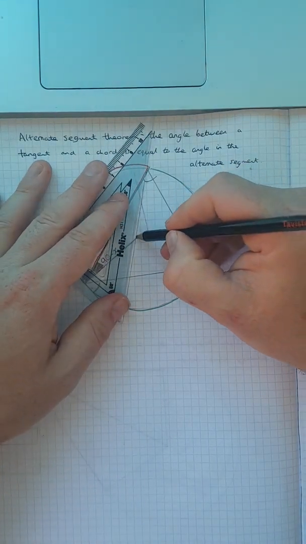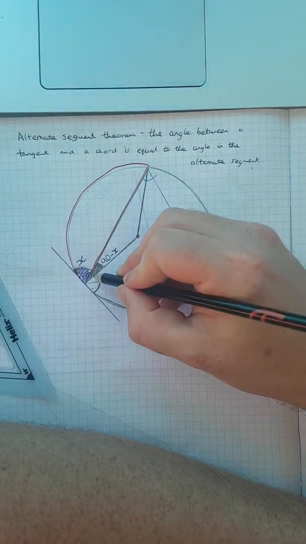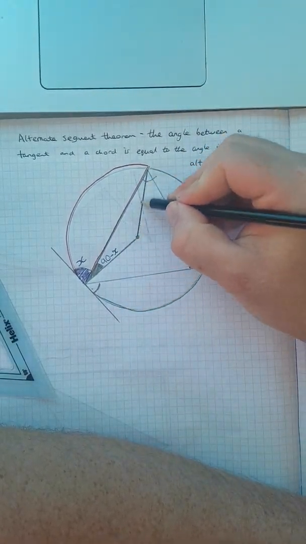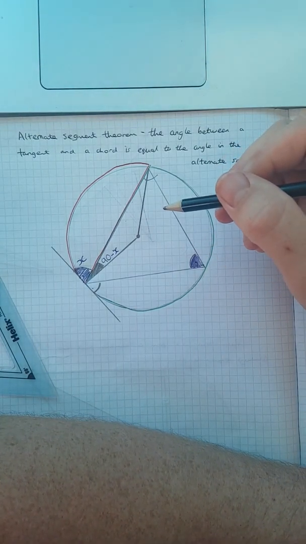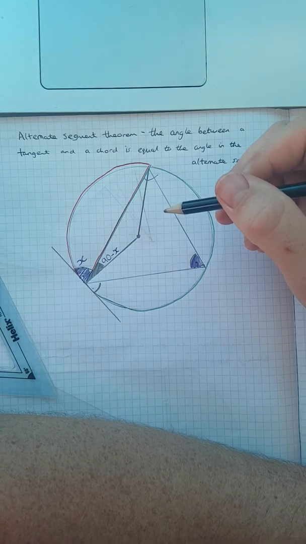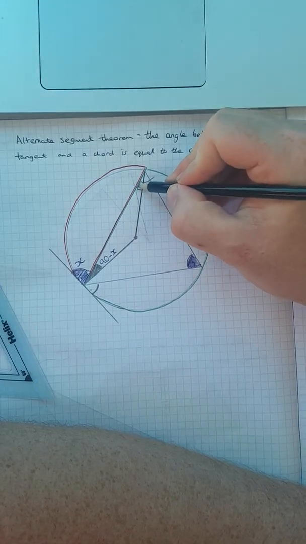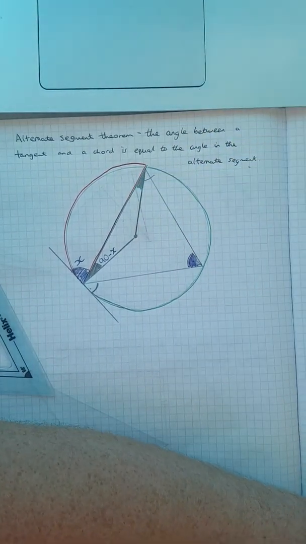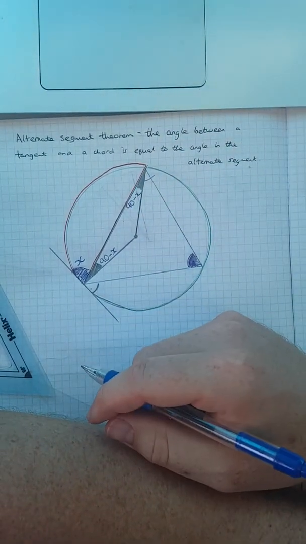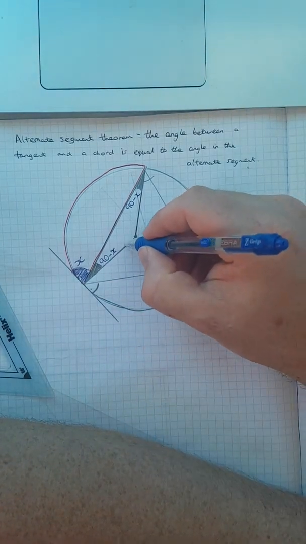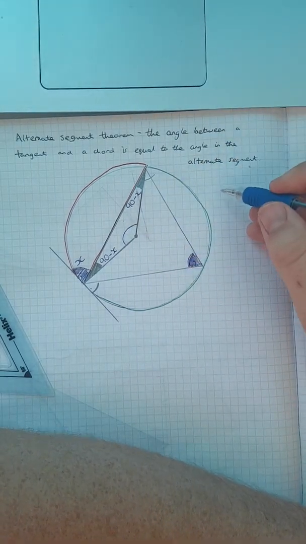Well, I'm going to draw a line that goes across here. This is a radius, and this is a radius. So what kind of triangle are we dealing with? That's right, it will be isosceles. So this angle and this angle over here will both be the same. Now we can work out what this angle here will be, because we know the three angles add up to 180.